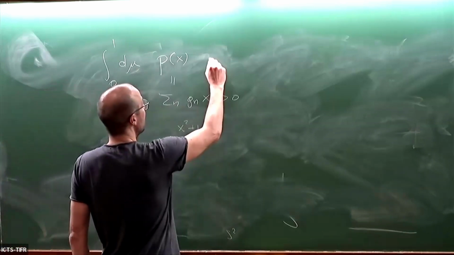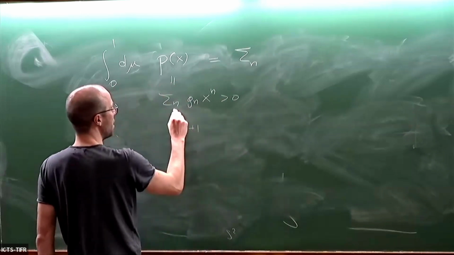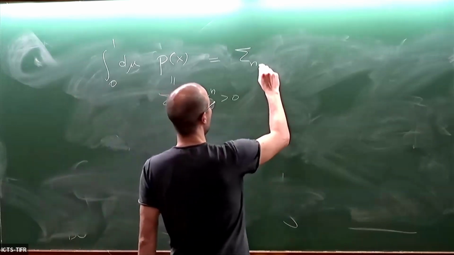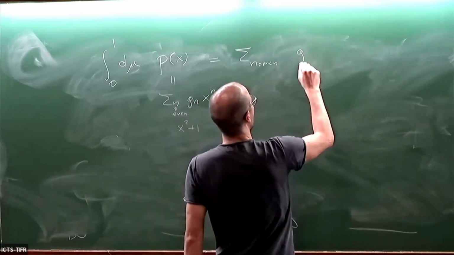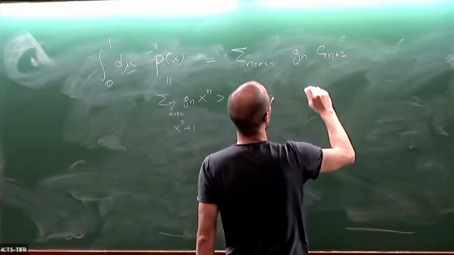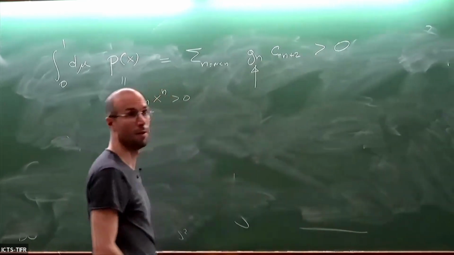So this measure is positive. This is going to tell me that I have a linear combination. For example, I do it only for n even, for simplicity. So this one is telling me that the coefficient of x to the n plus 2 is going to be positive with known coefficients.